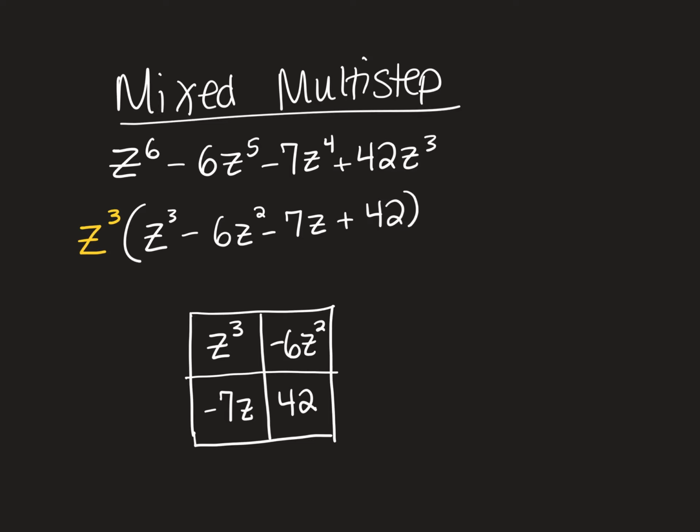And now I've got to figure out the dimensions of that box. To do so, I look at a row or a column and try to figure out what the greatest common factor for that row or column is. So maybe I look at this row here, and I ask myself, what's my greatest common factor there? I can hopefully recognize that it's just z squared. Now that can start setting everything else in motion, because if this dimension is z squared, then this dimension has to just be z.